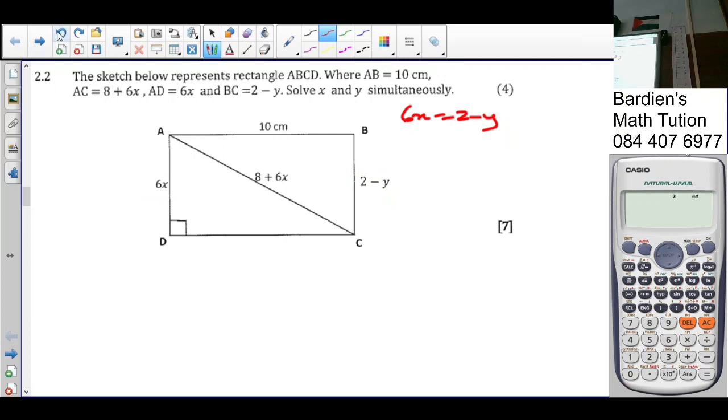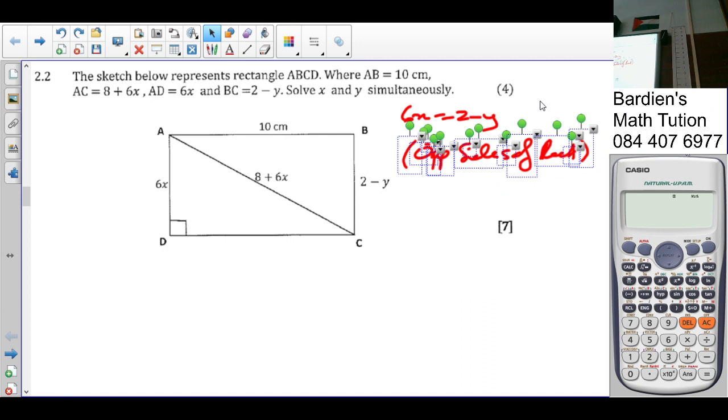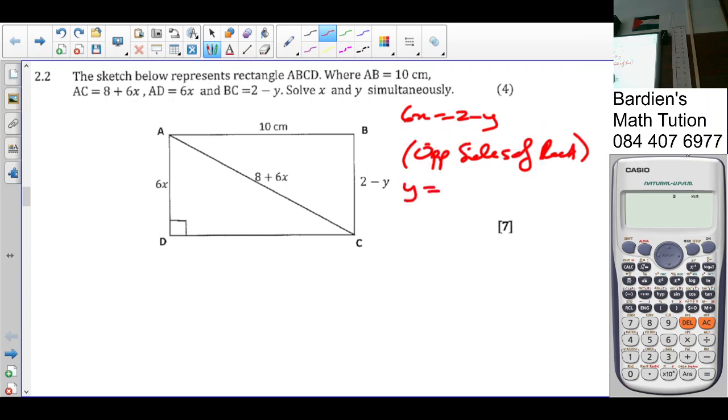Opposite sides of a rectangle are equal. So I'm going to make y the subject of the formula, so y is equal to 2 minus 6x, and list that as equation 1.